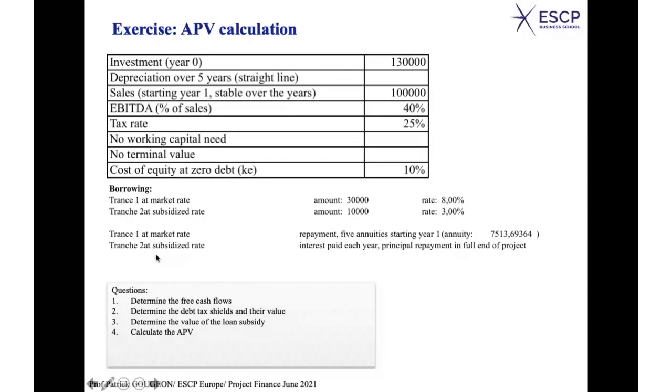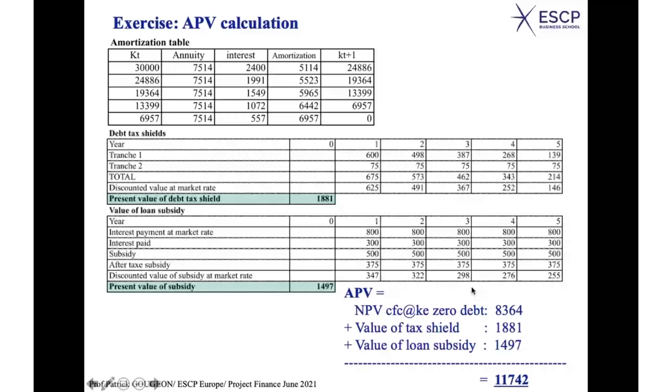So if we take a rate of 3% for an amount of 10,000, 3% of 10,000 would be 300. And if you take 25% of this, you have a tax shield of 75. So the tax shield will be the same year after year because you repay the loan only at the end in full. So you always have the same amount of interest and therefore the same tax shield year after year. Okay, so the total is there.